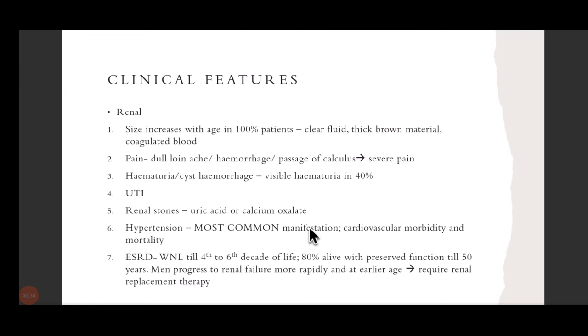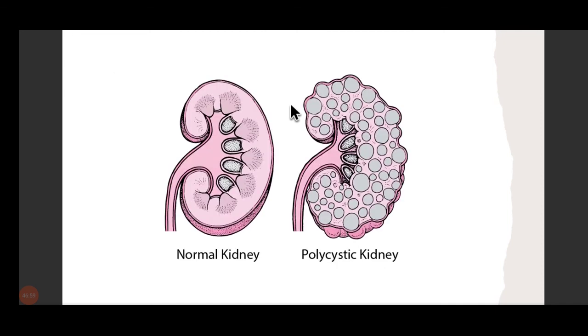In end-stage renal disease, usually the patient is fine till the 4th to 6th decade of life. Even 80% of the patients with good kidney function maintain their function by the age of 50. However, men progress rather rapidly and present at an earlier age with ESRD and require renal replacement therapy.